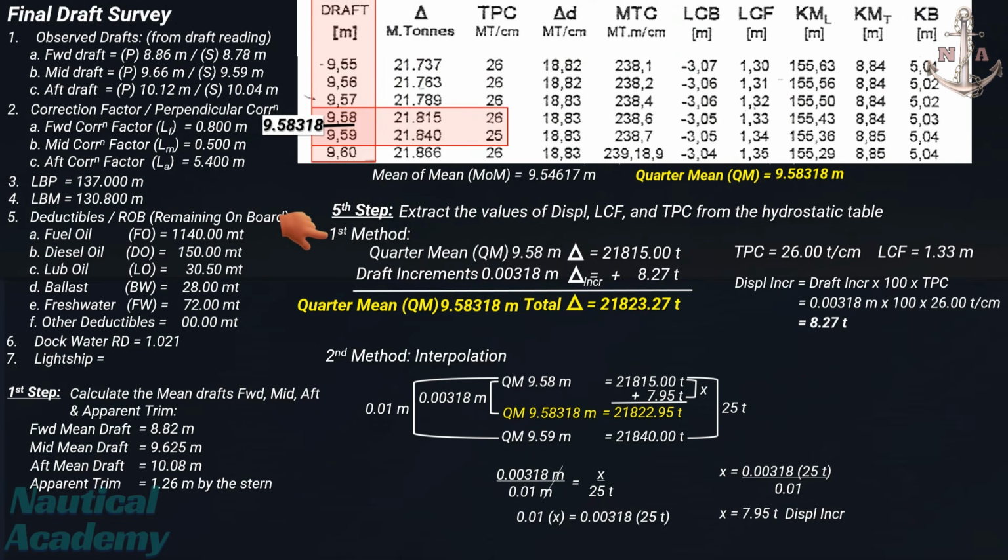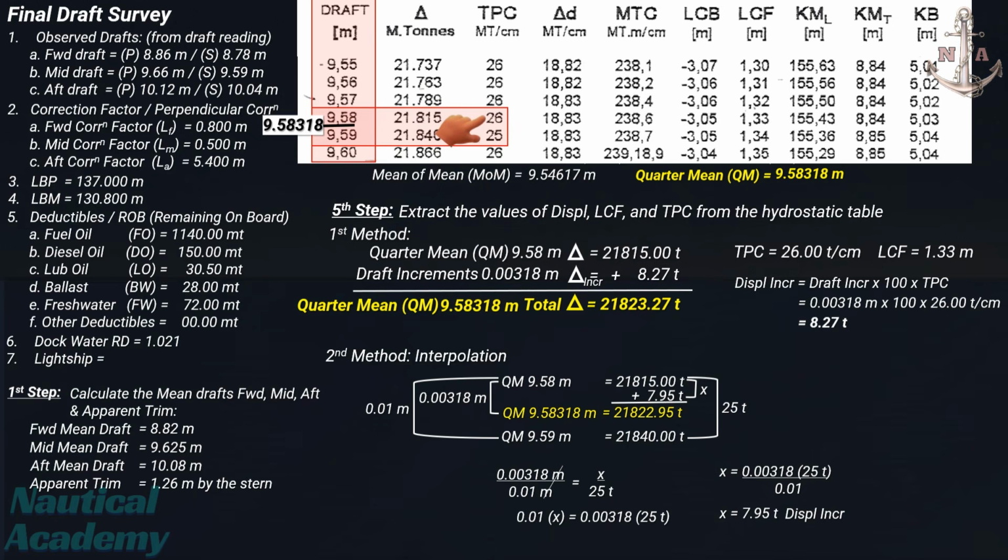In the first method, we use the TPC at a draft of 9.58 meters, which is 26 tons per centimeter, while at 9.59 meters, the TPC is 25 tons per centimeter. This means that for a more precise result using the first method, the TPC itself should also be interpolated to match the exact quarter mean draft. Instead of doing that, we can directly apply interpolation in the second method.